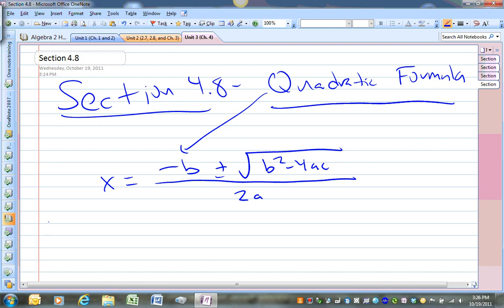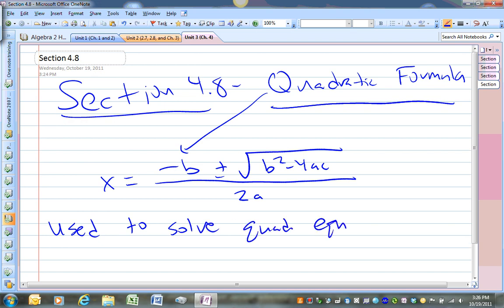Why is this used? It's used to solve quadratic equations that are written in standard form.